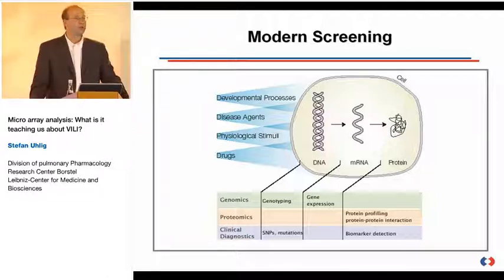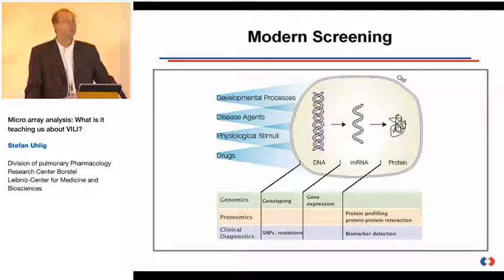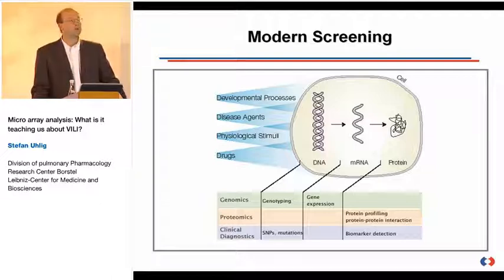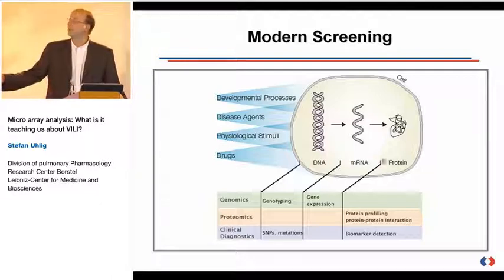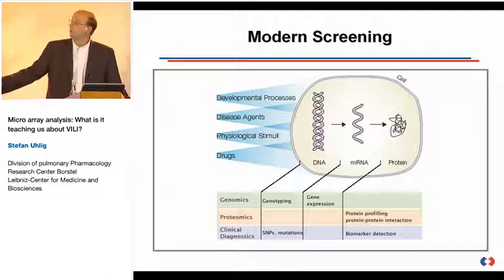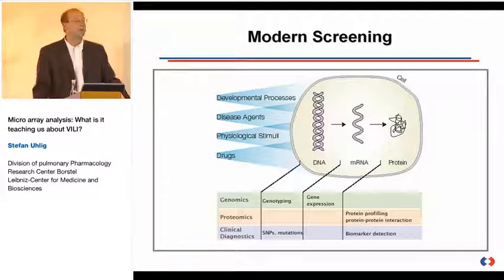Okay, so this is just an overview of different screening methods that are recently being used, and probably you've heard of all of them. So if you have the classical dogma of molecular biology going from DNA to RNA to protein synthesis, now we have screening methods at all levels. So at the DNA level, of course, we have the genotyping and the SNP analysis.